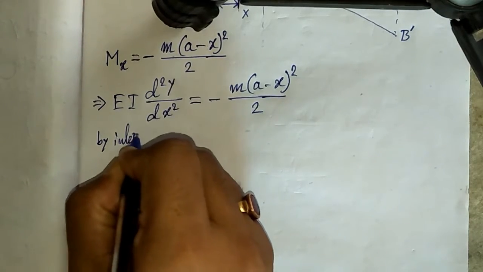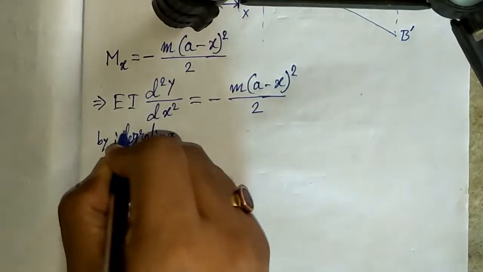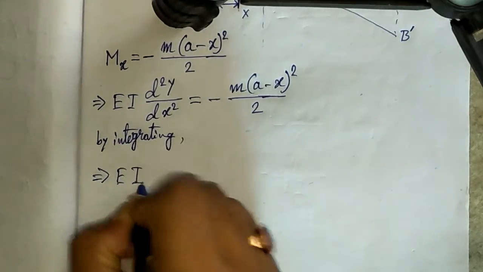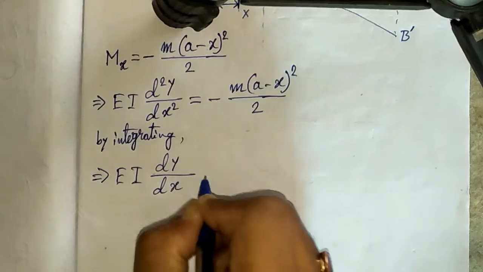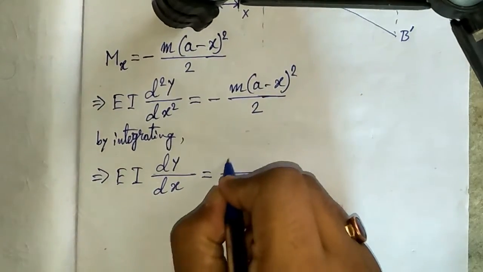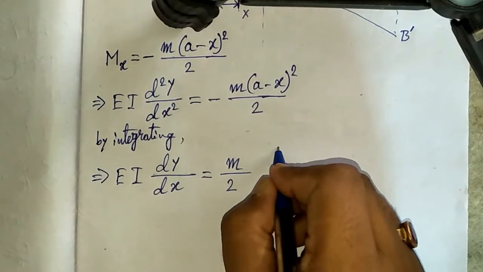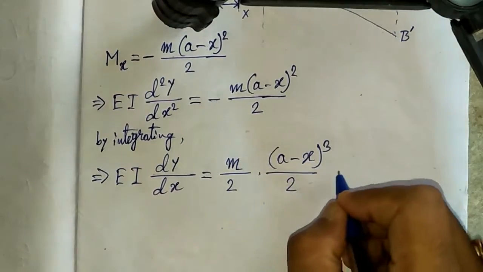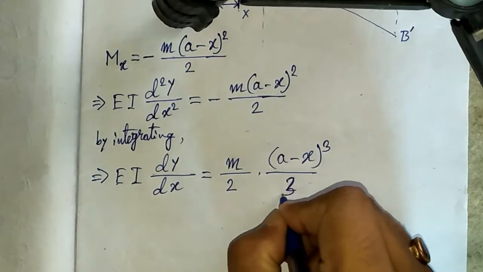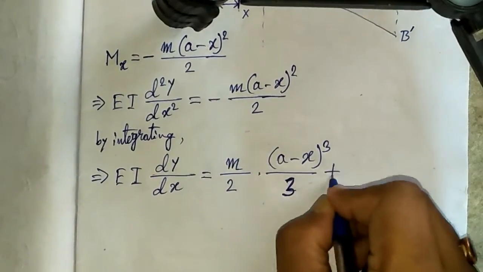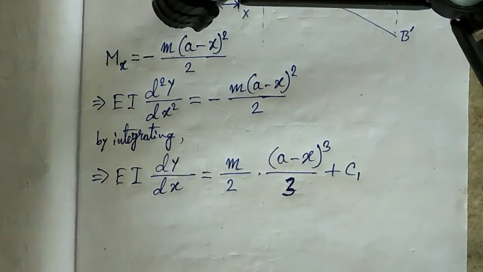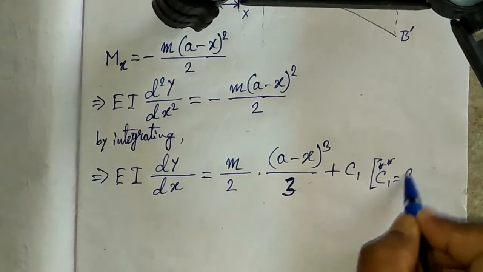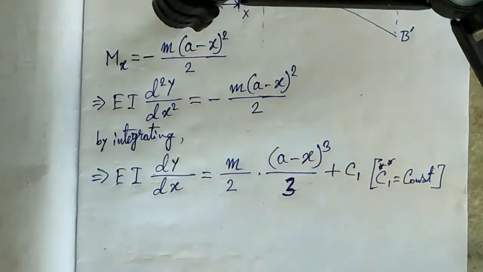By integrating we get EI dy by dx is equals to M by 2 into (a minus x) cube by 3 plus c1, where c1 is the integrating constant, or we can simply say it's a constant.